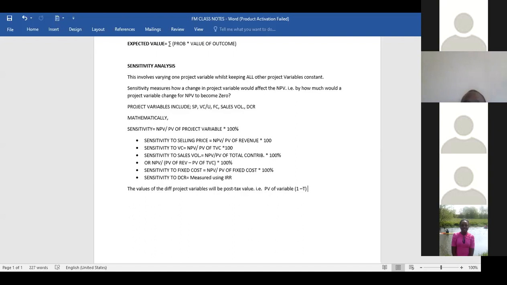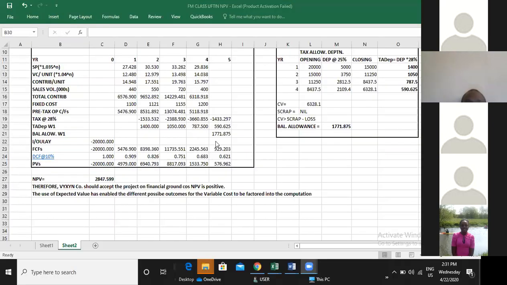Okay, so this was the vexing question. I kind of even felt like we could actually use one of our previous questions to do the sensitivity analysis.